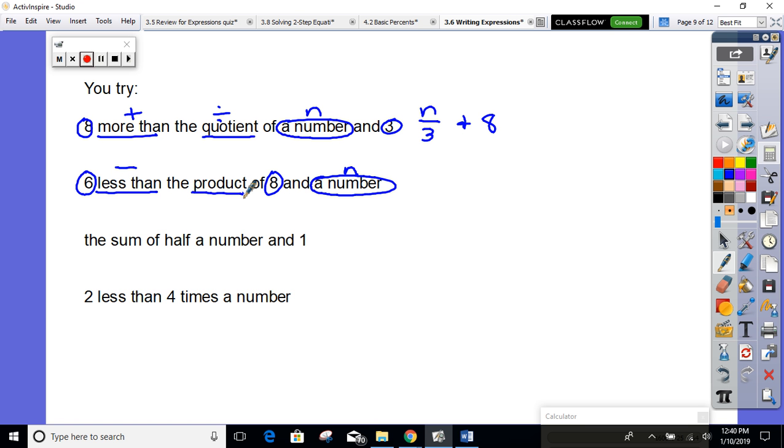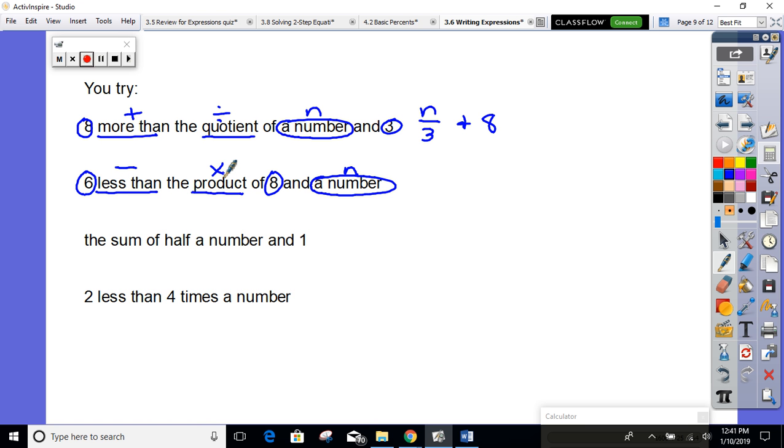Product is... Can anyone help her out? Haley? We're asking what does product mean? Product means to multiply. Multiply. Okay? So we have 8 less than the product of 8 and a number.